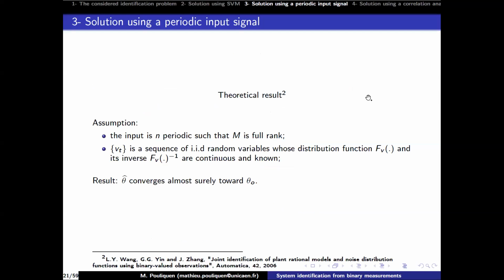Just one theoretical result: if you have these assumptions, maybe hard assumptions, periodic signal, cumulative distribution function known, its inverse exists and is known, you have almost sure convergence.